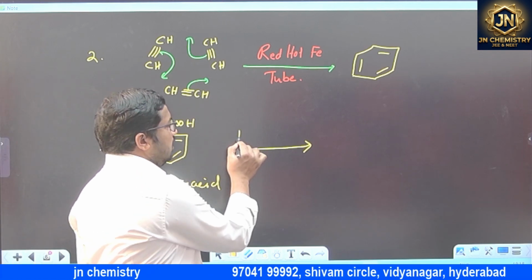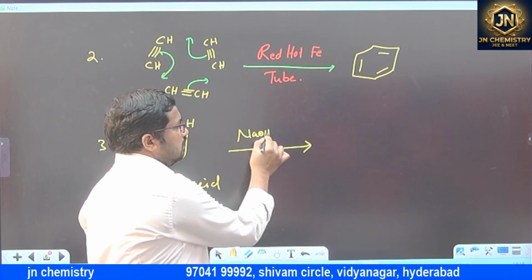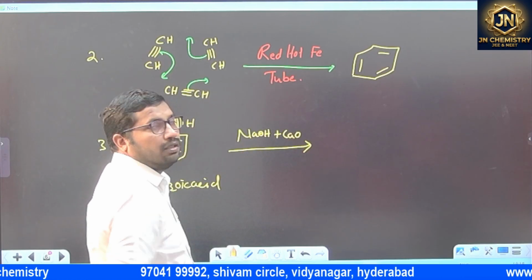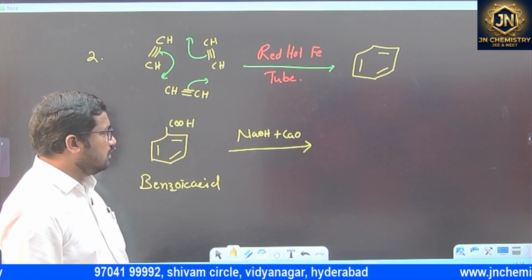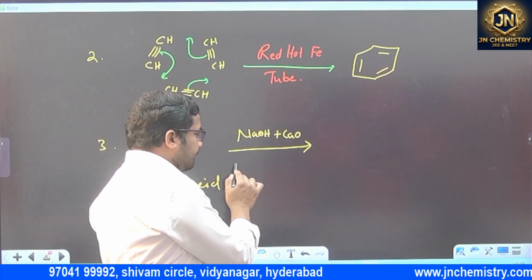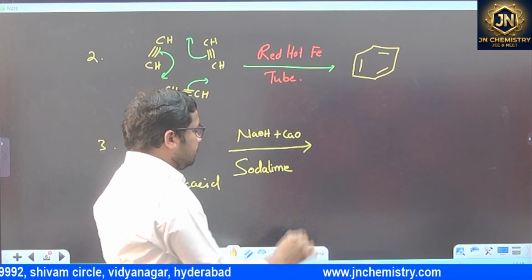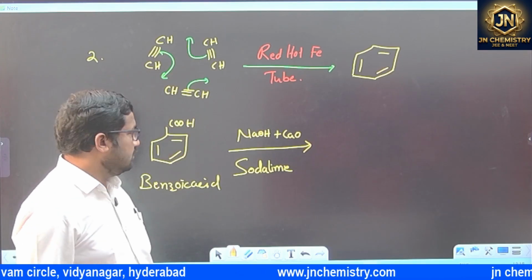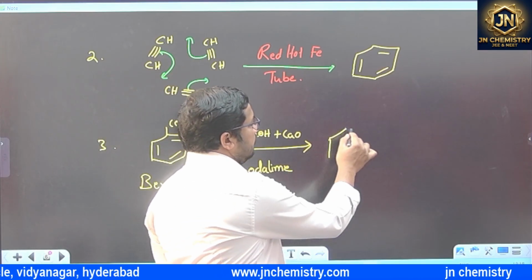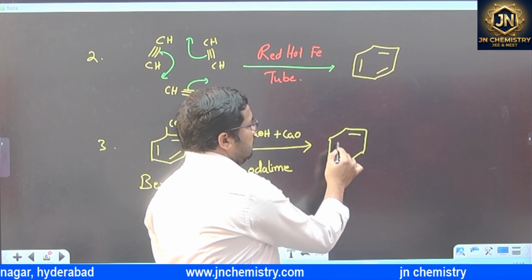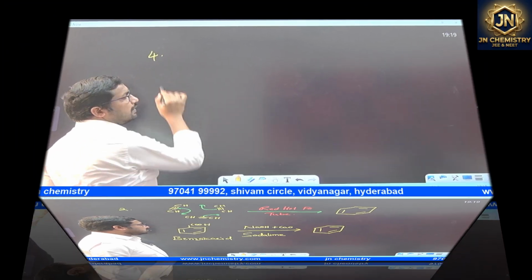Decarboxylation: NaOH plus CaO, that is nothing but soda lime. Then we get benzene.